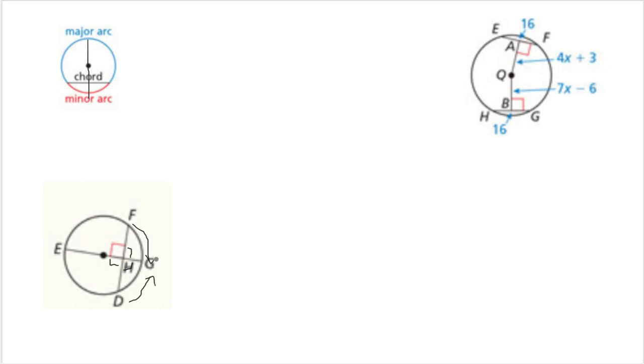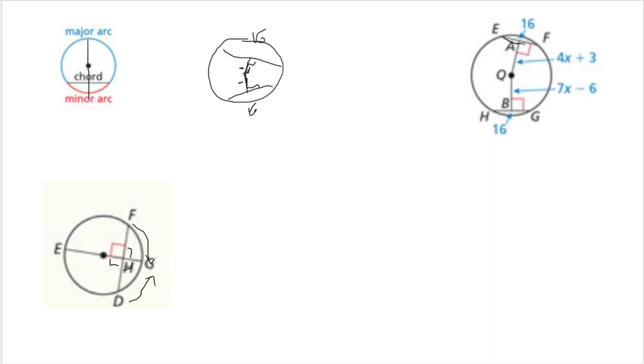Which also means that if I have a circle and it cuts and I make a right angle and it cuts and makes a right angle, if this is 16 and this is 16, that means that these two line segments that cut through are going to be equal as well.